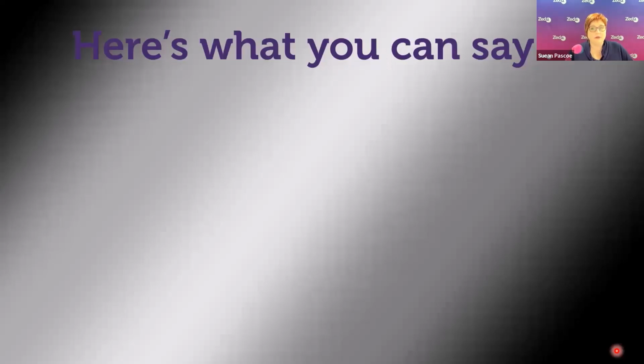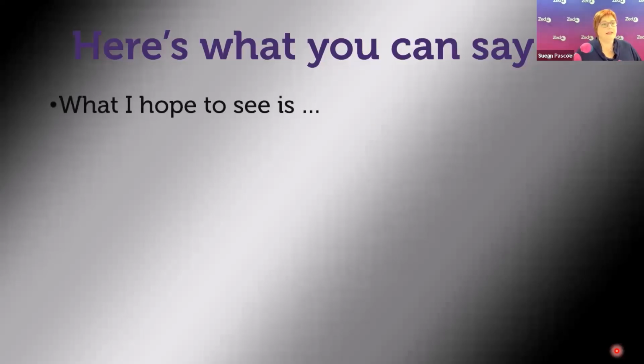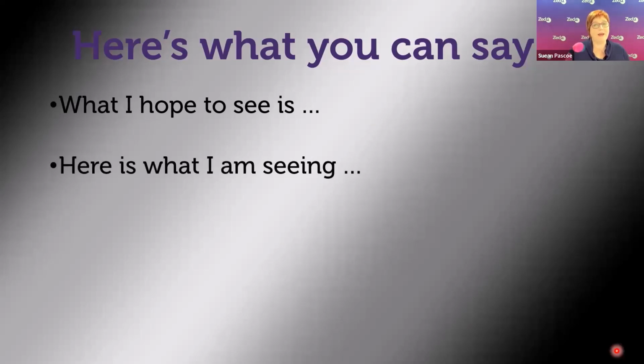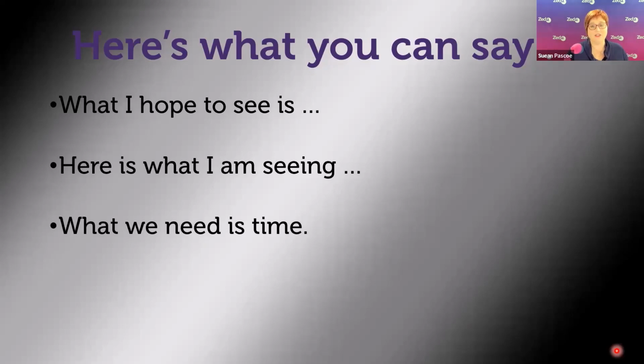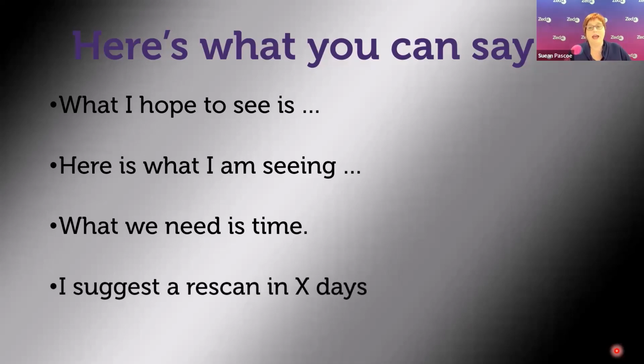When it's in the grey zone, some things that you might say: what I hope to see is, what I am seeing is, and what we need is time for the pregnancy to grow. Now, often this is quite hard to communicate to someone who's impatient to be pregnant and to know. So we just need to reassure them we need some time before we can make a conclusive answer. And I suggest a rescan in so many days.